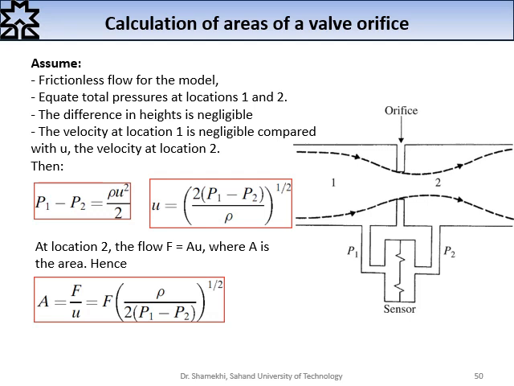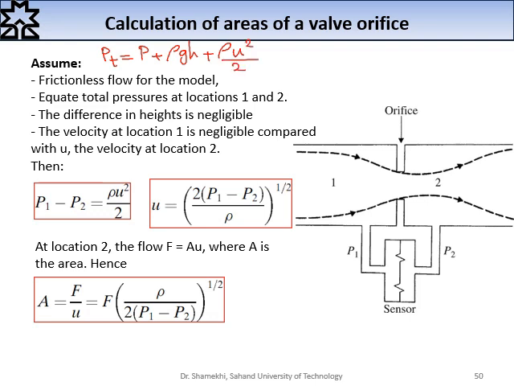Therefore, based on the main equation, as you know, PT is P, static pressure, plus rho g h plus rho U squared divided by 2.